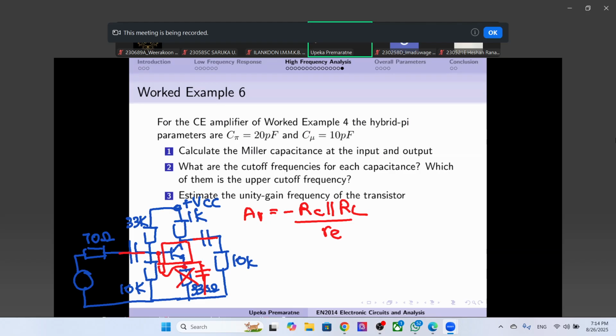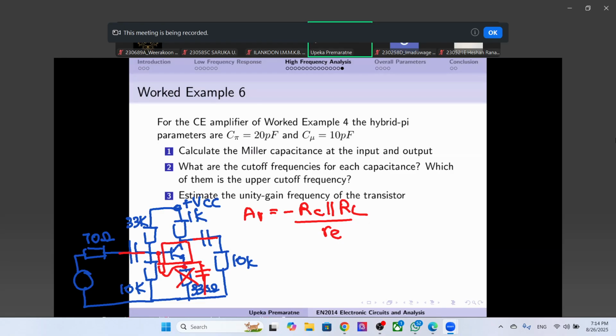From the previous result, you can calculate RE.